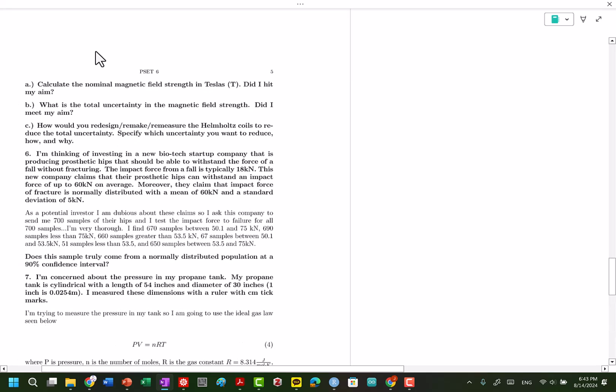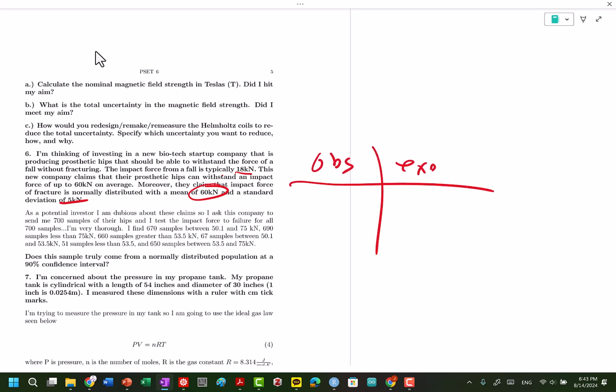So bio company forces this. We see the impact of the law. They claim the impact force is normally distributed with a mean of this, standard deviation of this, 700 samples. So again, observed, expected, and then we can see the value. So I find 670 between 50.1 to 75.